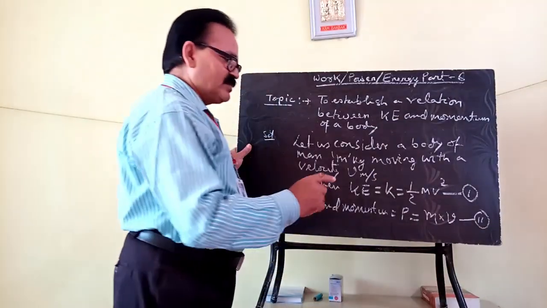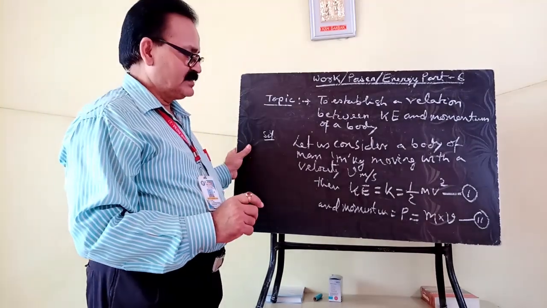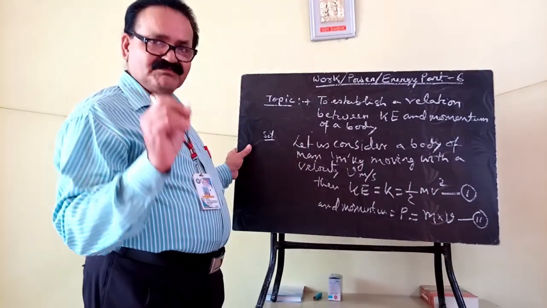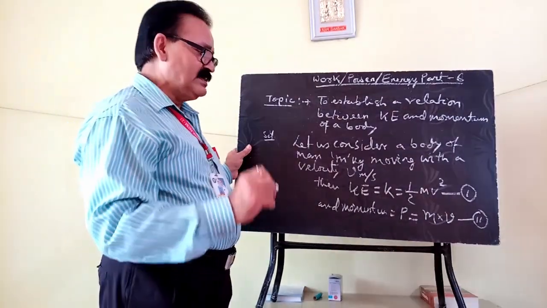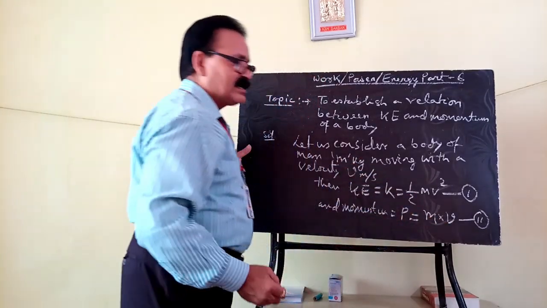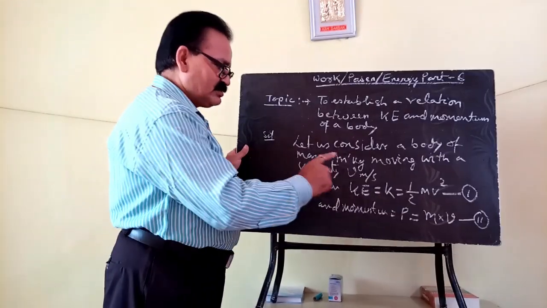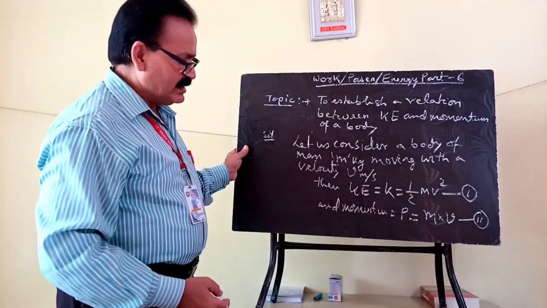Momentum is the impact of force produced on a body, and it is measured by the product of mass and velocity acquired by the body due to the application of force. So these two relations are there.